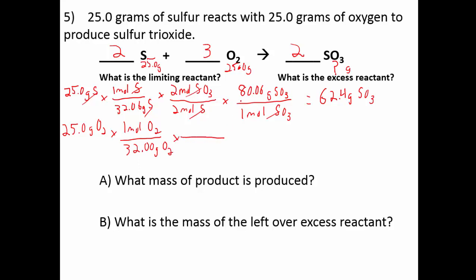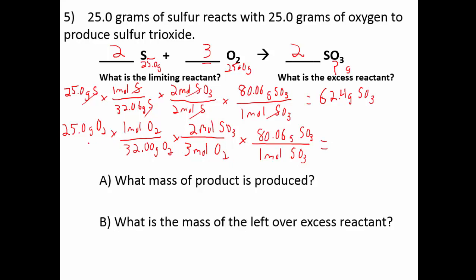Setting up now our mole to mole ratio, 3 moles of oxygen to 2 moles of sulfur trioxide. And then from there, we need to move back to grams. The same 80.06 grams of sulfur trioxide from the periodic table is the same as 1 mole of sulfur trioxide.